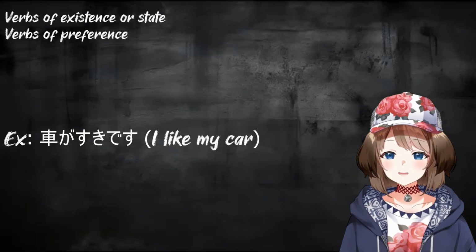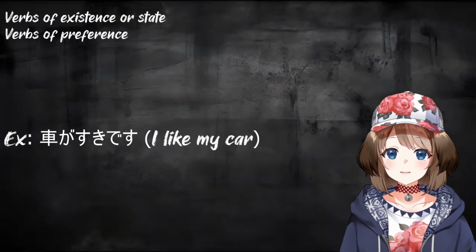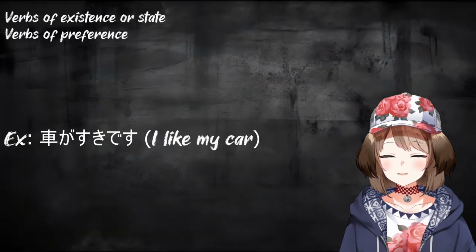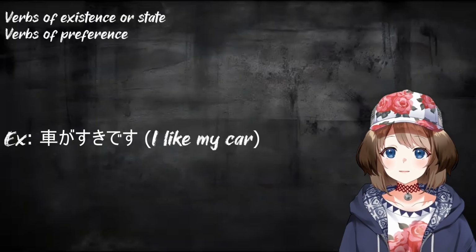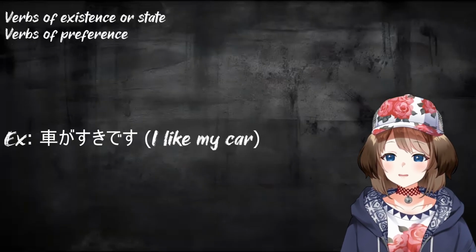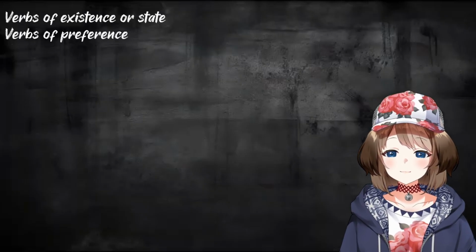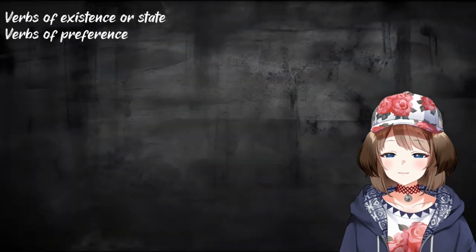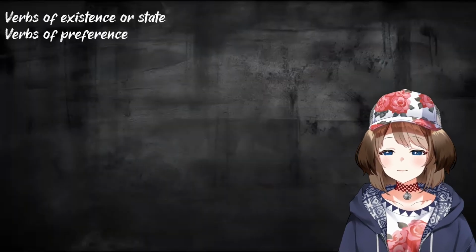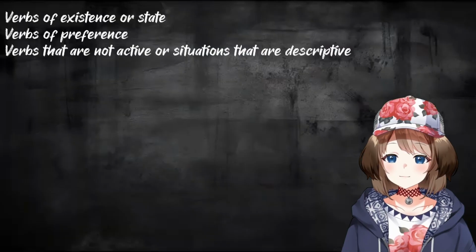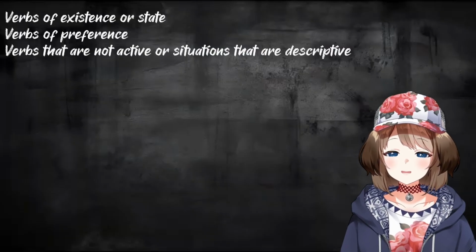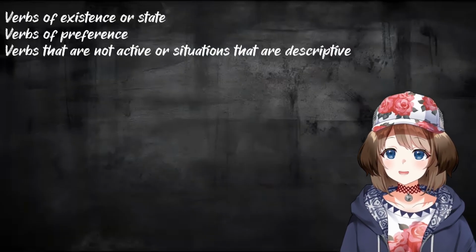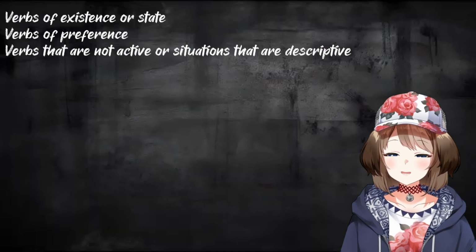So in Japanese, suki and hoshii do not necessarily indicate an active verb. It's more like I am in the state of enjoying this thing, right? Basically, when we have a verb that's not an active verb, or a situation that is purely descriptive, we're usually going to select ga over wa.